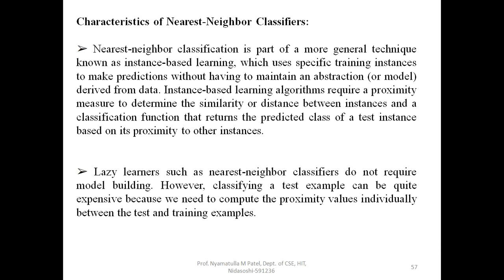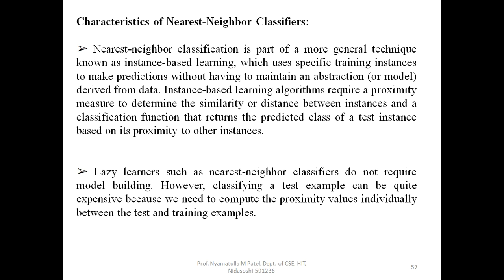Characteristics of the nearest neighbor classifier. Nearest neighbor classification is a part of a more general technique known as instance based learning, which uses specific training instances to make predictions without having to maintain an abstraction or a model derived from the data.